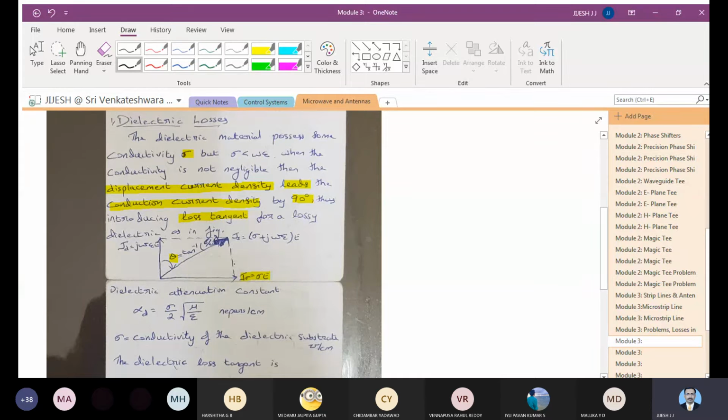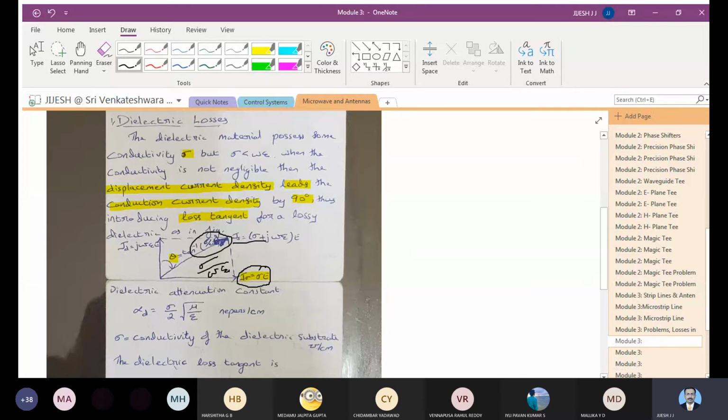You can see that this portion is tan inverse of sigma divided by omega epsilon. J sigma is equal to sigma E, and you have all these notations here. Js is sigma plus j omega epsilon E.